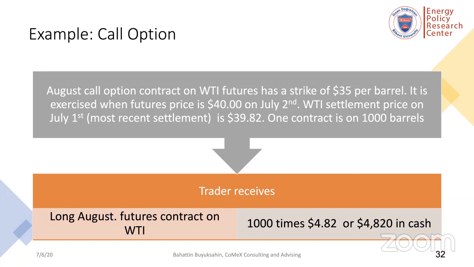If the option is exercised on that day, the trader receives a cash amount of 1,000 times 39.82 minus 35, which is about $4,820 cash, plus a long position in a futures contract to buy 1,000 barrels of WTI in August.